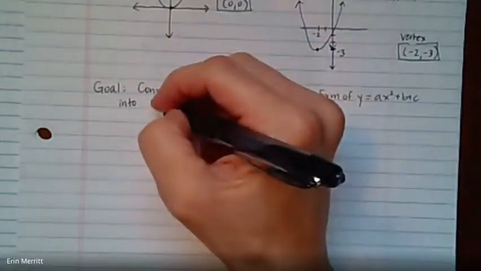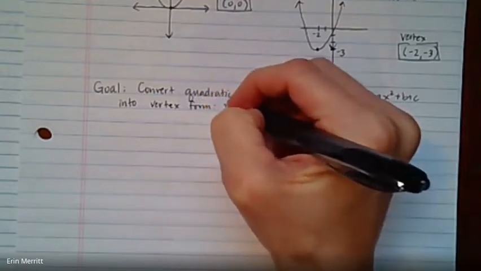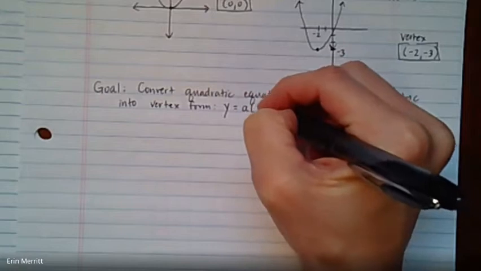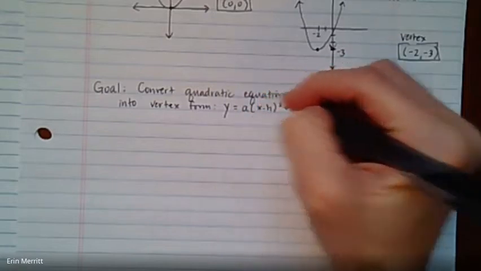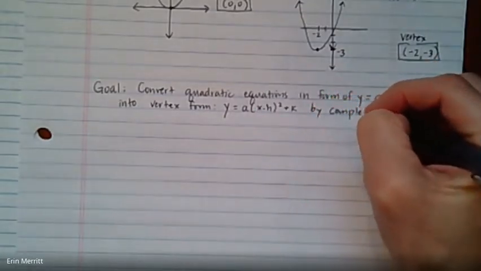So into vertex form, which is going to look like this: y equals a times x minus h squared plus k, by completing the square.